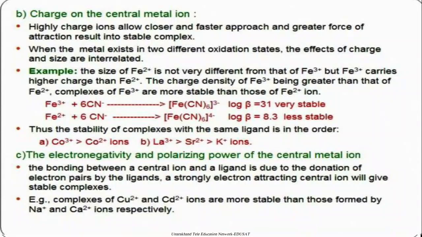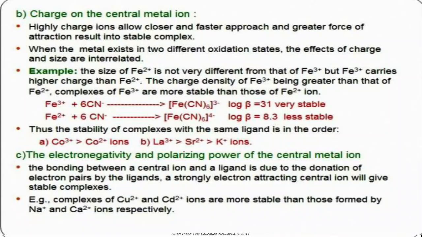The electronegativity and polarizing power of the central metal ion. Bonding between the central metal ion and the ligand is due to the donation of electron pairs by the ligands. A strongly electron-attracting central ion will give stable complexes.